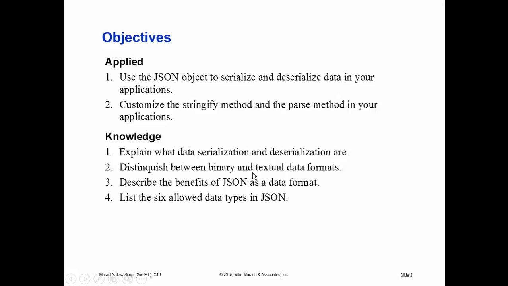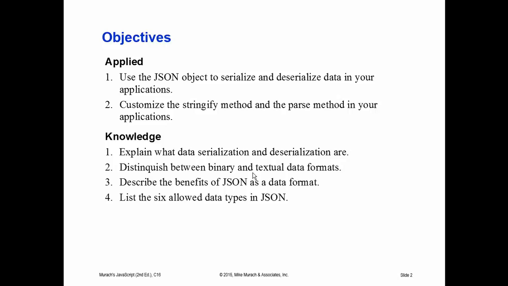So our objectives. Remember, JSON is JavaScript Object Notation. Use the JSON object to serialize and deserialize data in applications. Customize the stringify method and the parse method in applications. Explain what data serialization and deserialization are. Distinguish between binary and textual data formats.